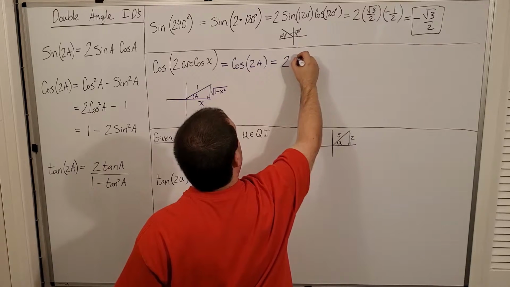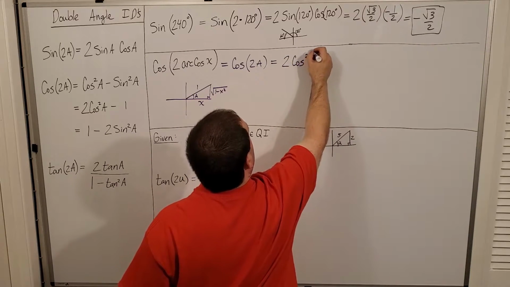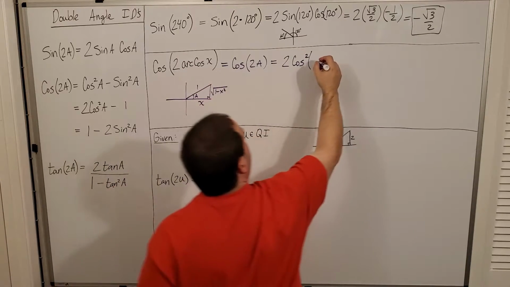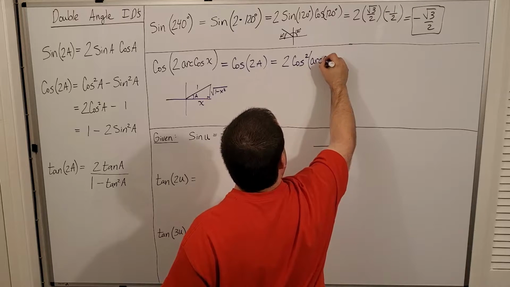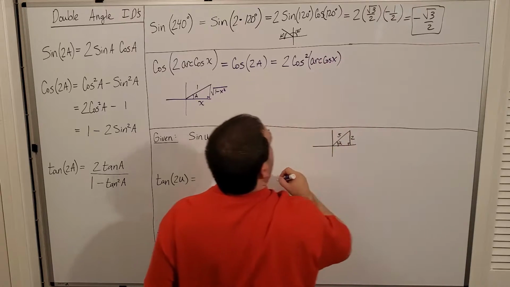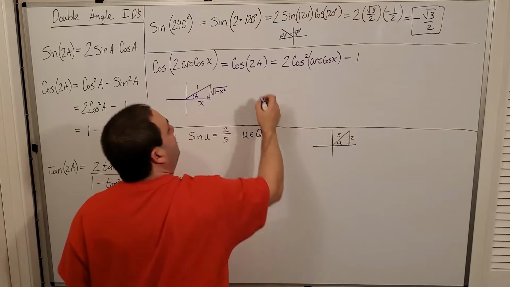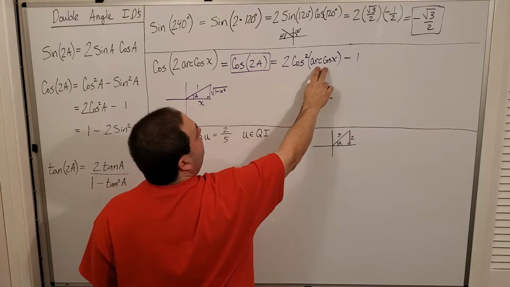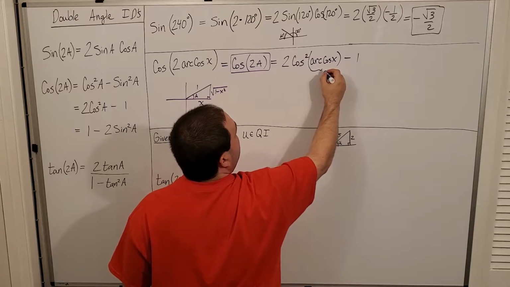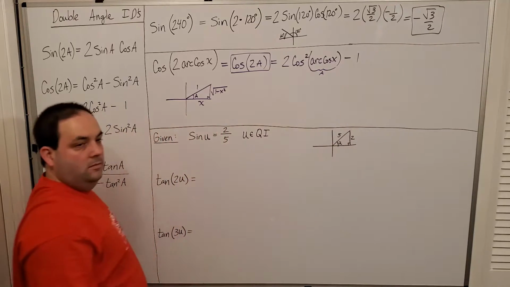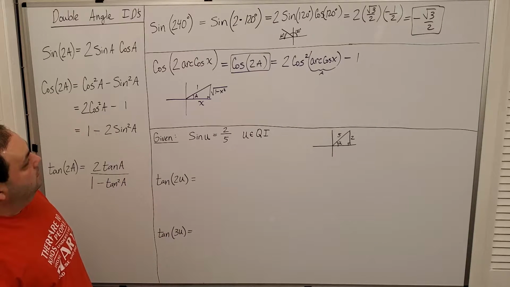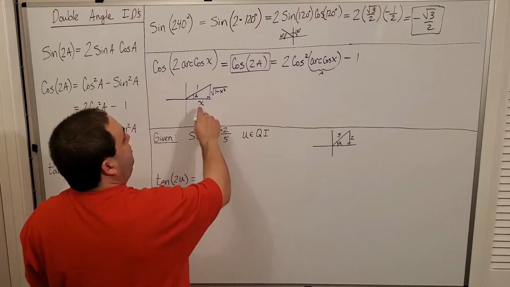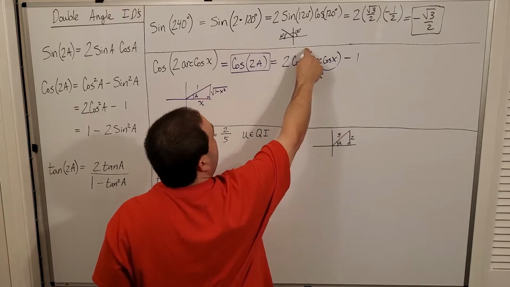So that would be 2 cosine squared of the arc cosine of x. Okay? Minus 1. This is the format right here that I'm using. Angle A comes from this arc cosine right here. This is angle A. So if it indeed is the setup like this, it's simply just going to give me x squared here.